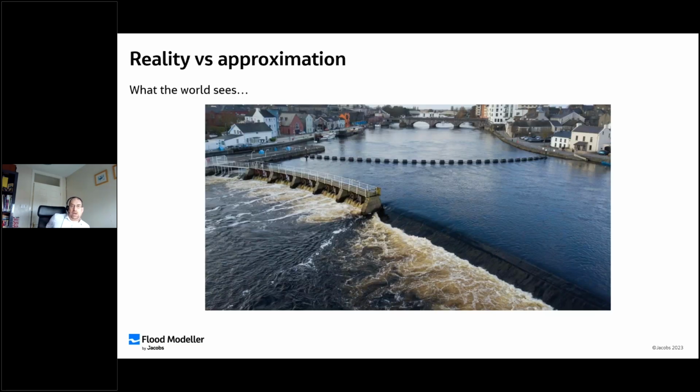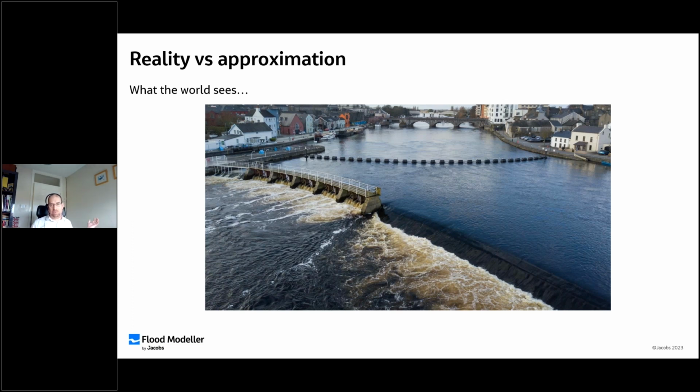So again, trying to marry up the reality and software to maths. The first picture is a fairly obvious one. This is basically what the whole world will see: an open channel river with a few hydraulic structures in there.